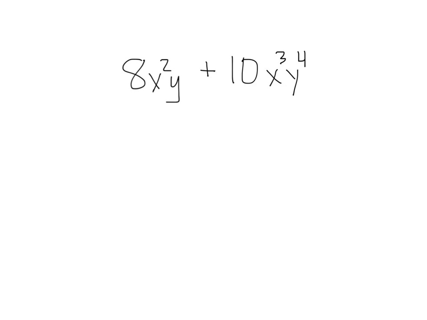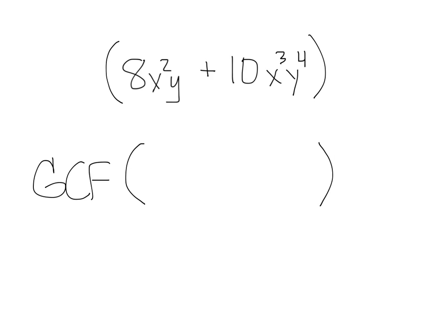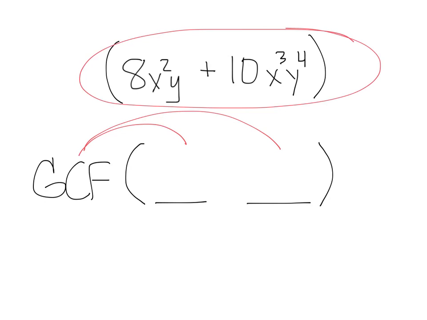In this case, what we're doing is we're taking this problem and we're going to turn it into a new problem, where we have our GCF on the outside and 2 new values inside the parentheses, that when you were to distribute your GCF to everything inside, you would get our original equation back. Remember, what we're really doing is multiplication in reverse. That's what factoring really is. So, we know from our earlier problem that our GCF is 2x squared y.